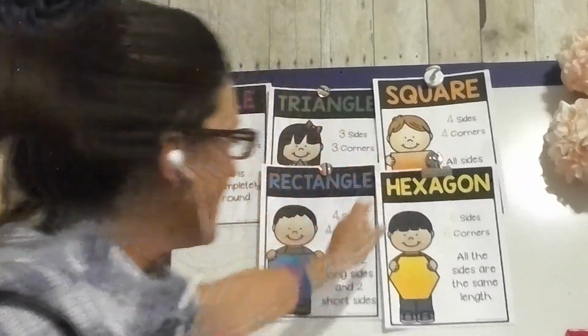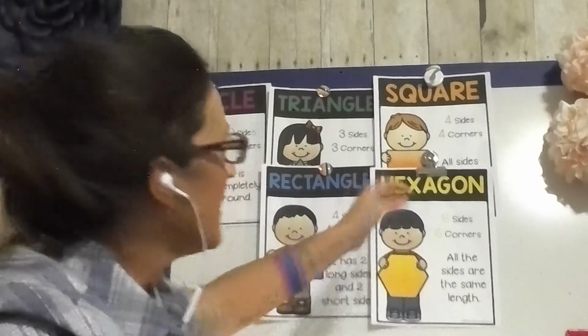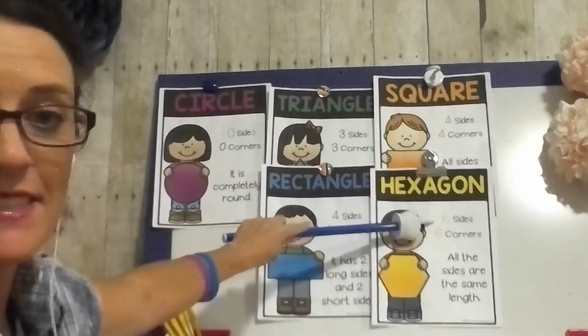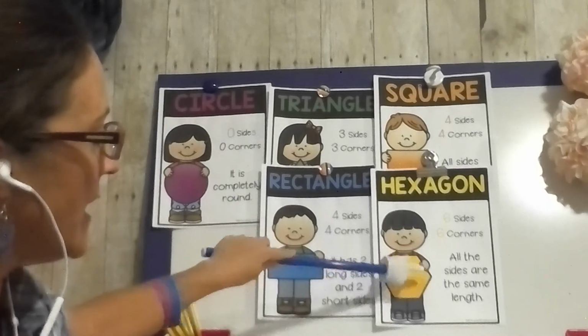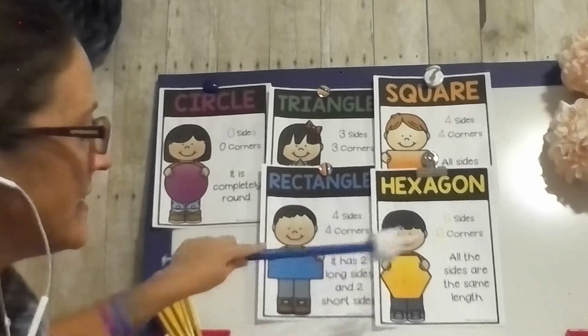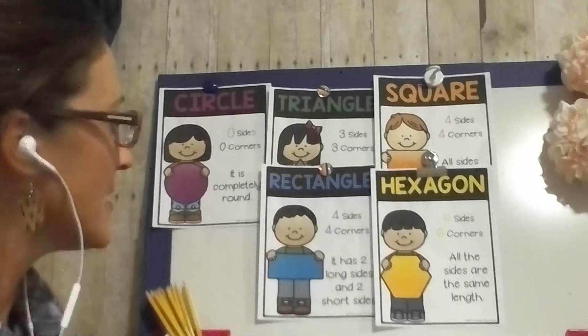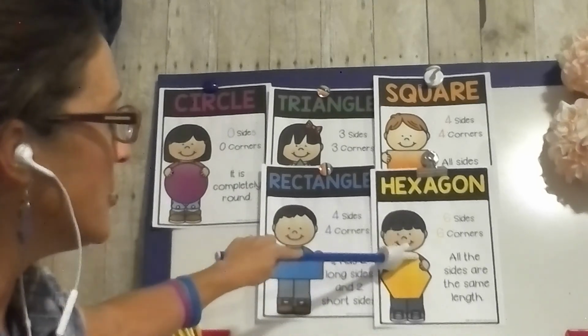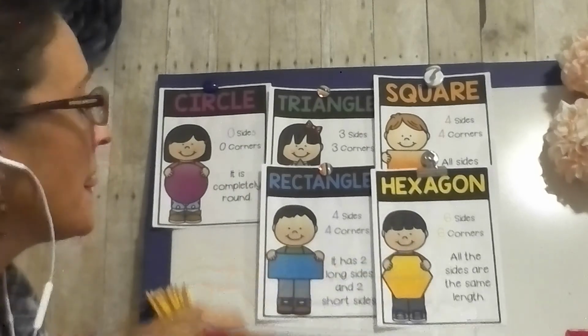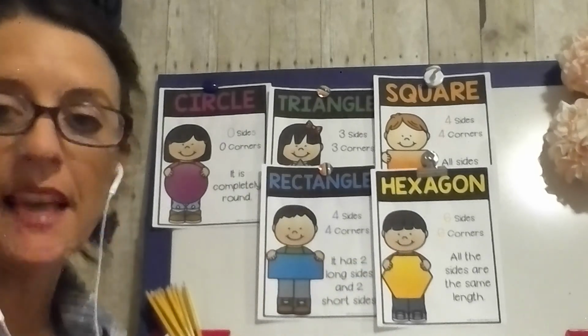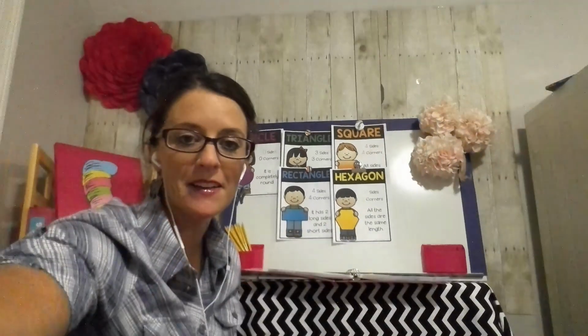A hexagon has 6 sides, 1, 2, 3, 4, 5, 6, and 6 corners, 1, 2, 3, 4, 5, 6. All the sides are the same length with a hexagon.